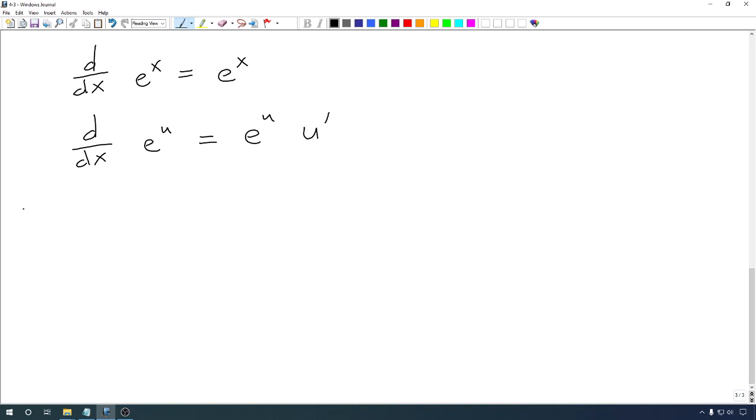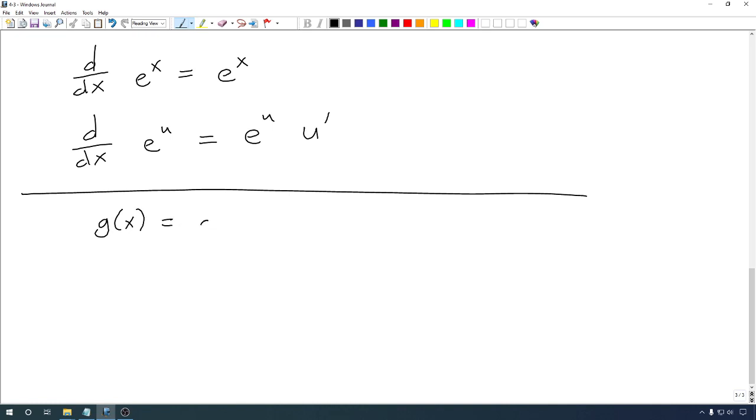If we wanted to differentiate, say, g of x equals a to the x, some other generic exponential function, we would be able to follow a lot of the same rules, a lot of the same starting points, where we are able to essentially pull a to the x out of our limit.